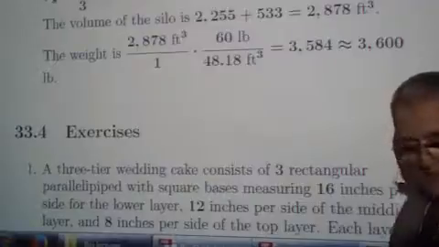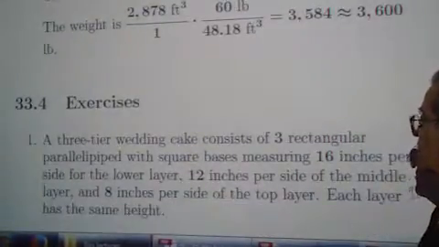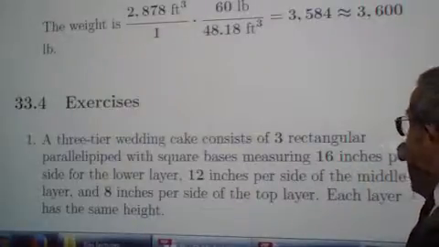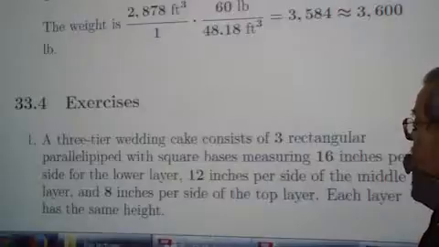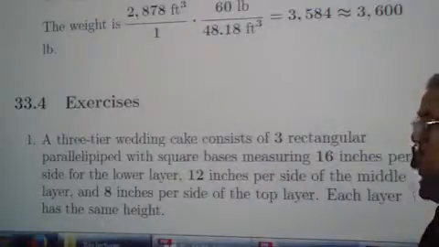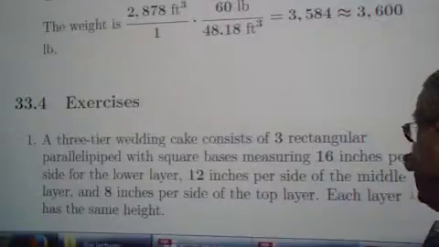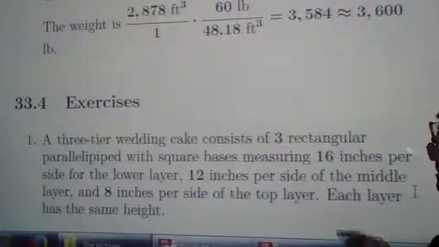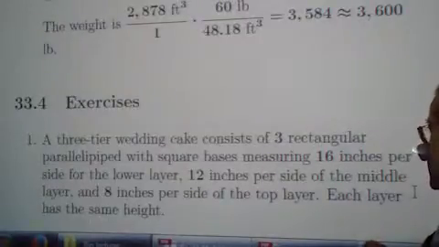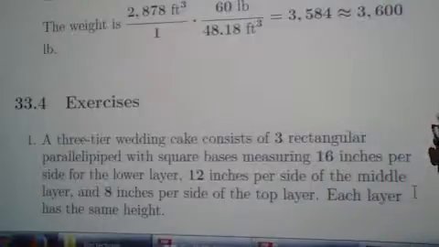Then I present you with some exercises. Again, you have a 3-tier wedding cake over 3 rectangular parallelepipeds, so 3 rectangular boxes with square bases also, and the bases are 16 inches for the lower layer, 12 inches per side of the middle layer, and 8 inches per side of the top layer.